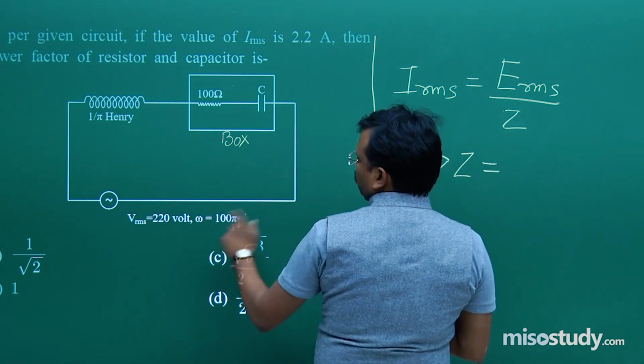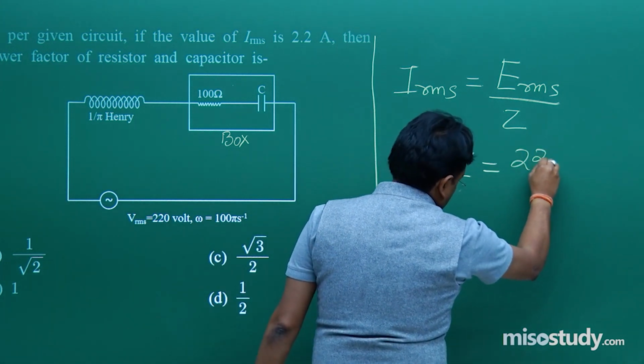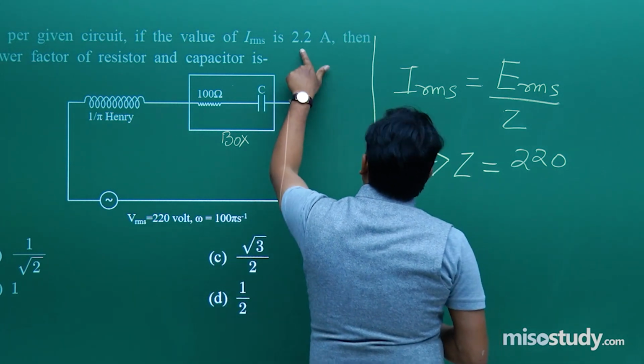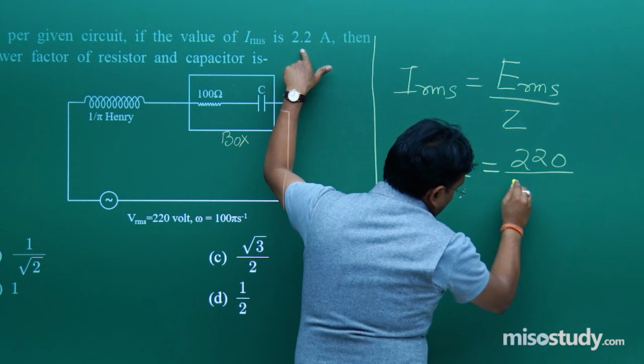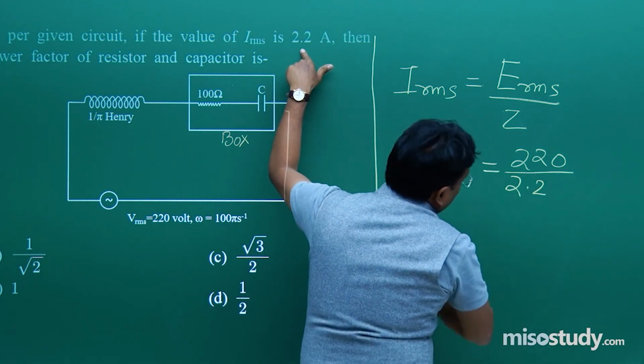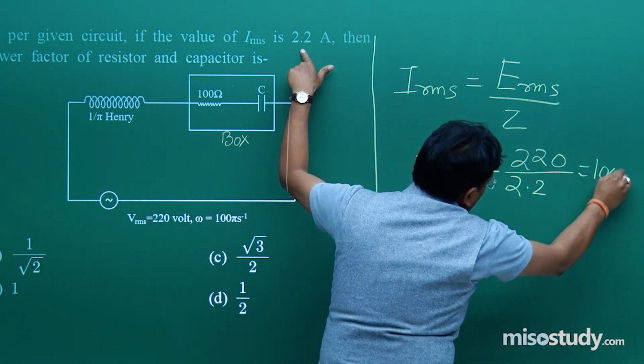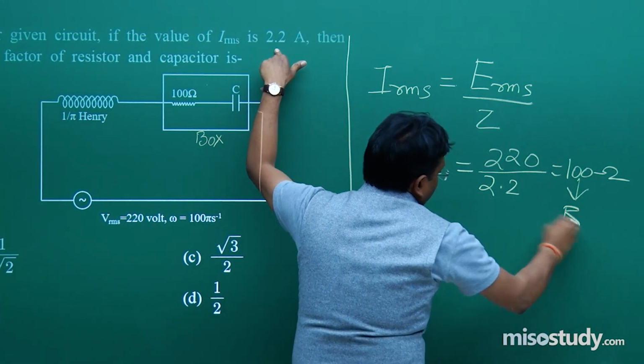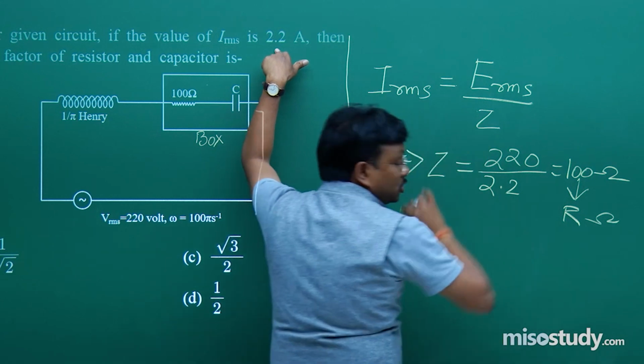That is 220 upon 2.2, it will give you ohm, and it is also your resistance, this much ohm.